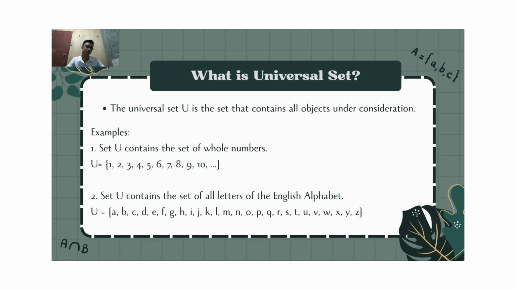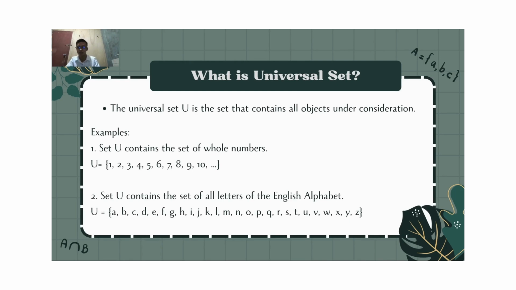On the next slide, we have defined the set and well-defined set. Now, what is a universal set? The symbol that we use for the universal set is the letter U. The universal set U is the set that contains all objects under consideration.